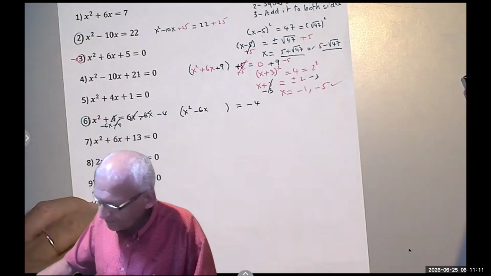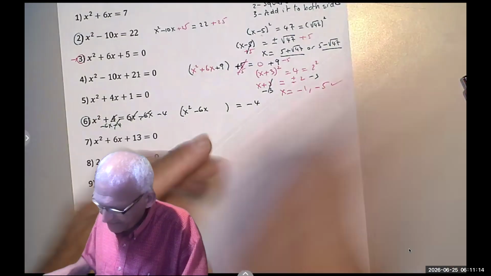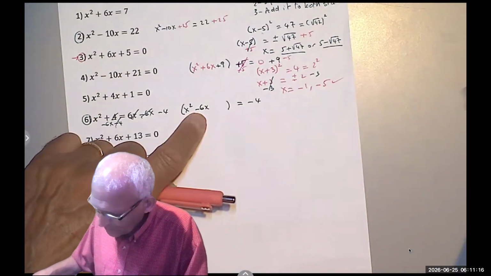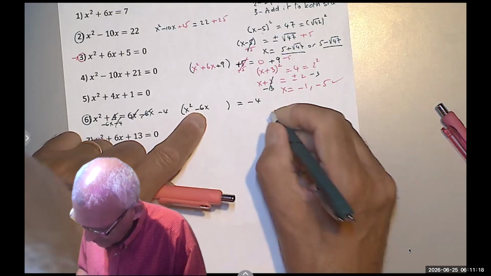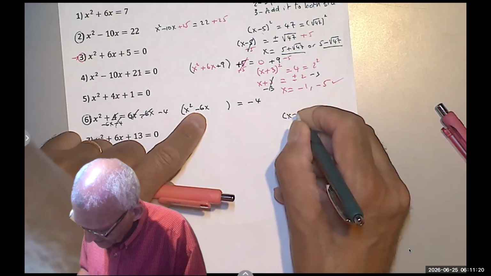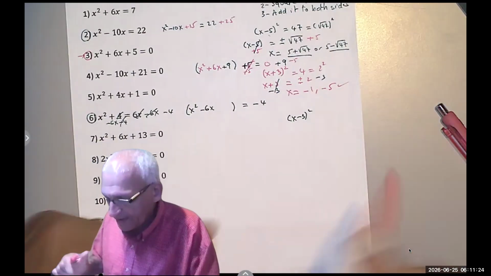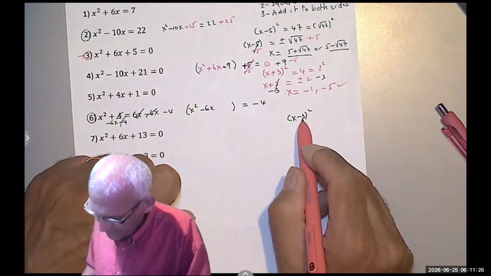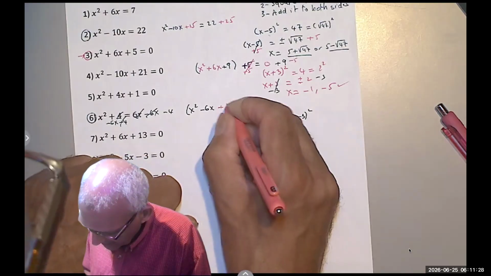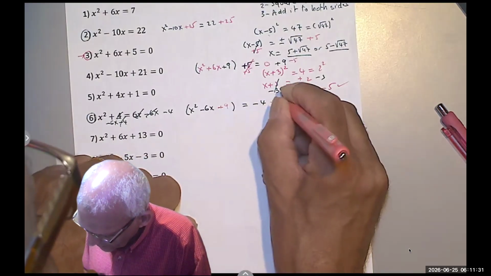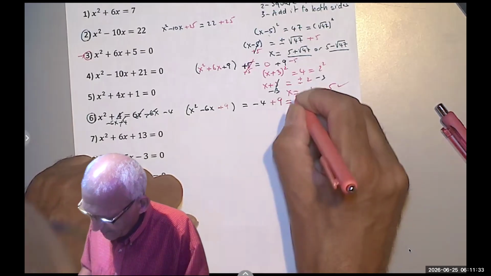So what do I do? I divide the negative 6 by 2. So I know that eventually the left-hand side would be x minus 3 squared. So I can write this right away. And then when I square the negative 3, I get positive 9. So I'm going to add 9 to both sides to get 5.